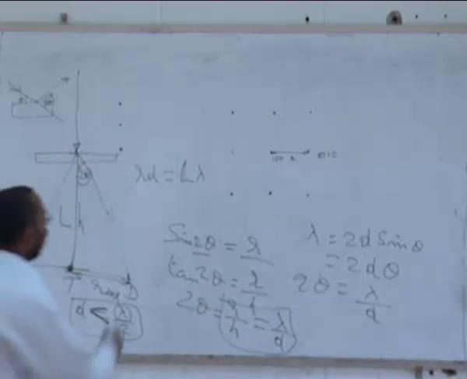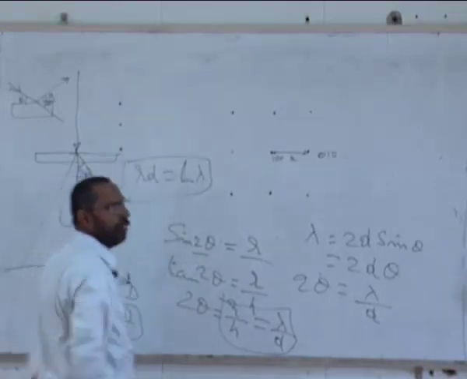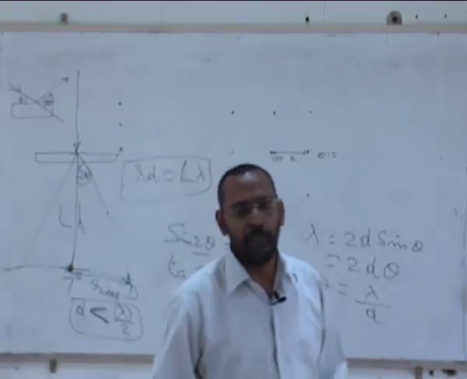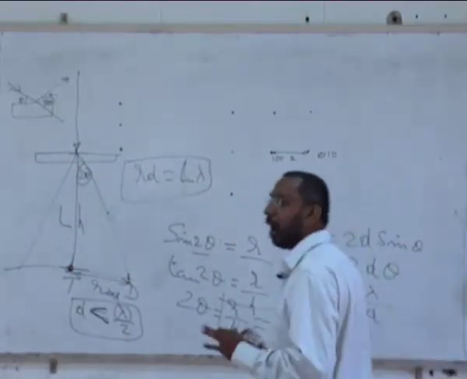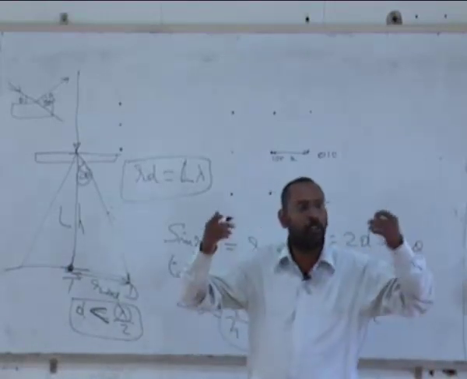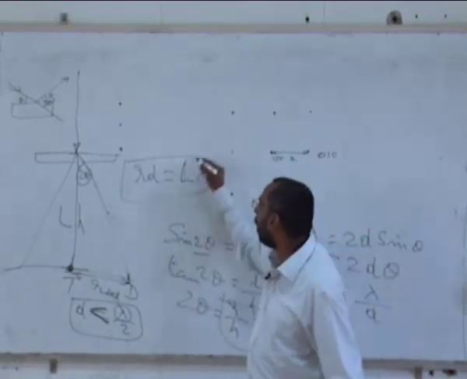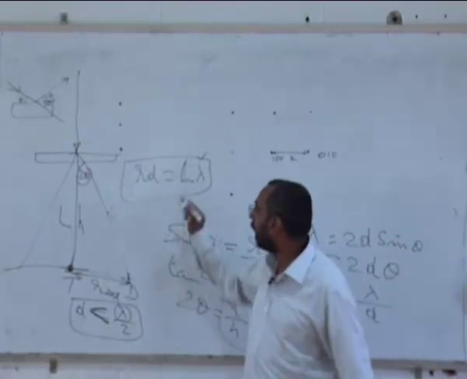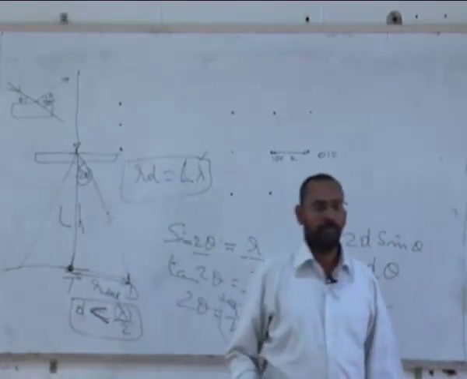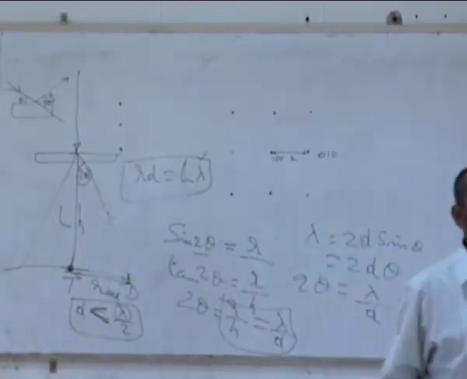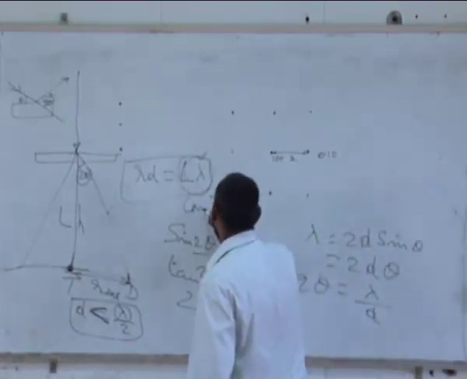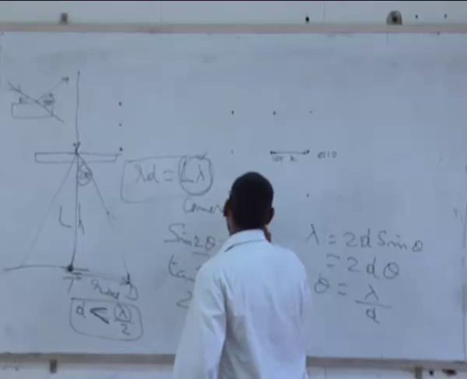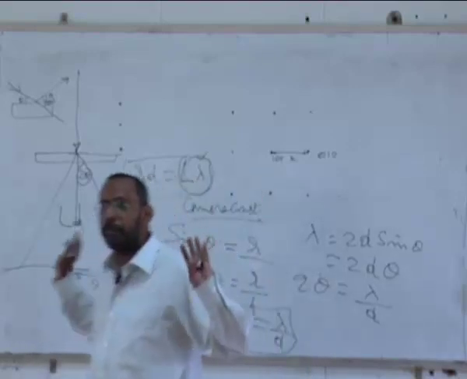And Rd equal to L lambda is a very, very profound equation which is used in all electron diffractions. In a particular TEM machine, whether it is 200 kV or 100 kV, lambda is known to us. And L also can be found out. These are all fixed for a given machine. So this is what is called camera constant, because this is a constant value for a given machine.